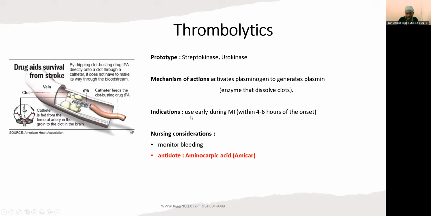So the earlier we can catch that myocardial infarction, the greater the benefit. That's why it's good to know the time of the initial symptoms. That's why we always ask the client, when did you first start? We need to know because there's a window for administering these medications. We need to be within 4 to 6 hours of the onset of the MI.